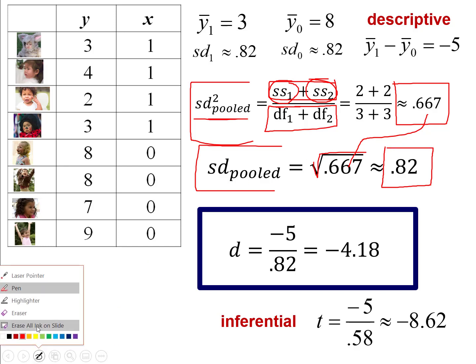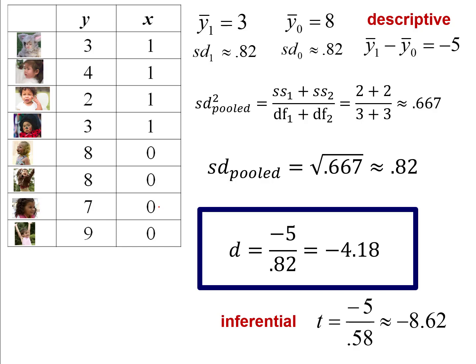Now, notably, in this example, we didn't actually need to go through all these steps of calculating a pooled standard deviation, because this particular example is very unrealistic: the standard deviation for group 1 was exactly the same value as the standard deviation for group 0. These two standard deviations are identical. Now, in real life, this would never happen.